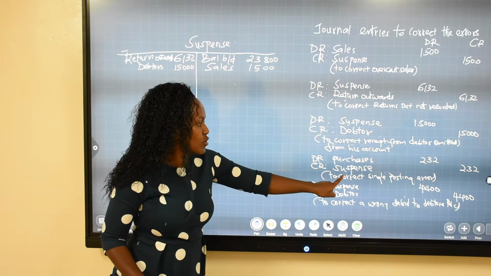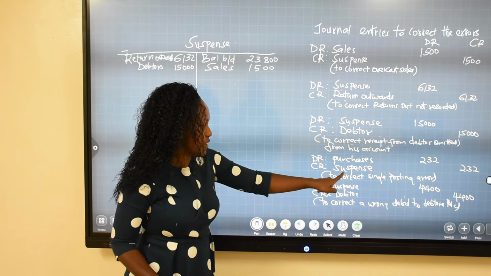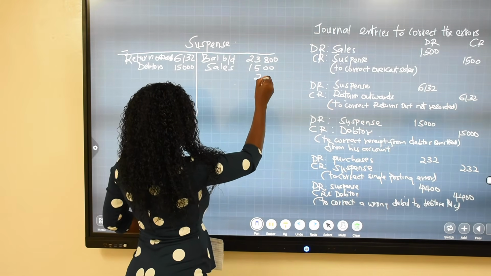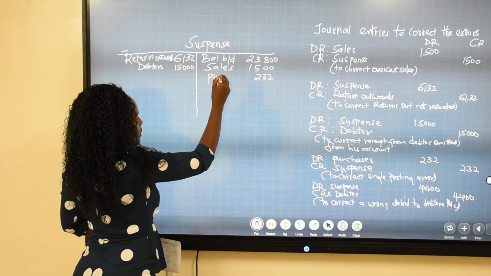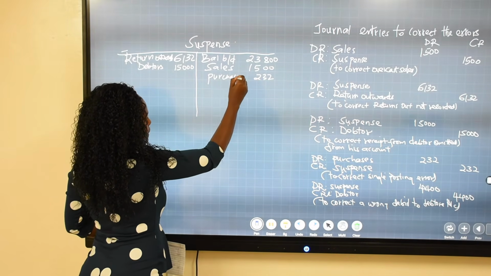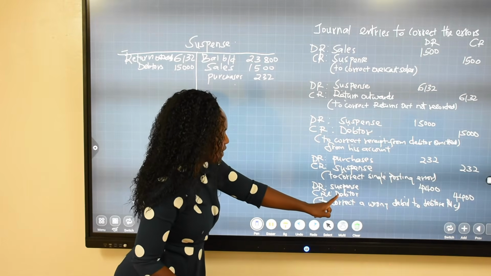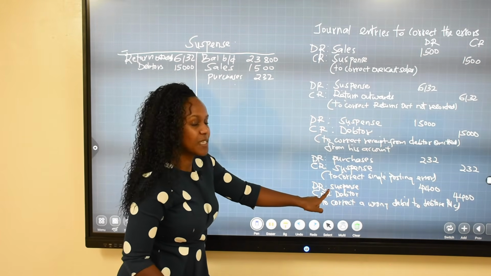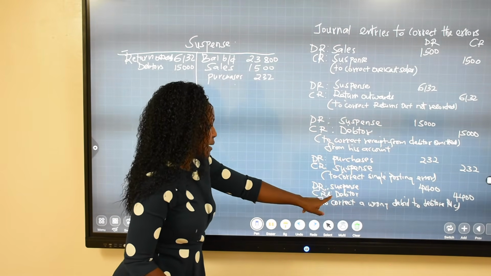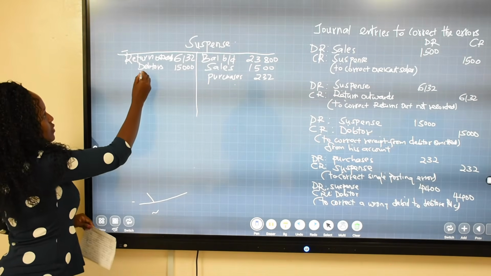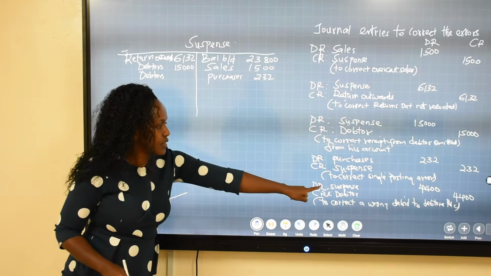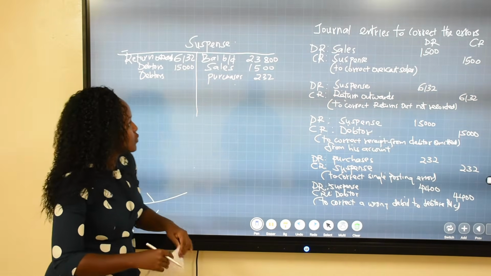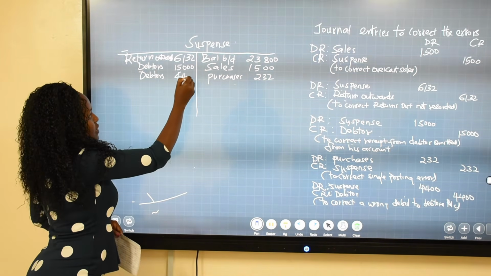Here we have said we are going to credit suspense. Here we are going to credit suspense, and it is coming from purchases. And finally here we have said we are going to debit suspense coming from debtors. So coming from debtors, we are going to debit suspense with 4,400.